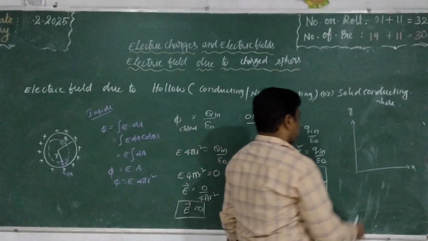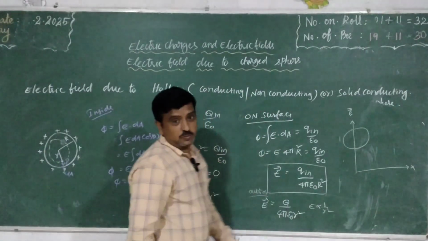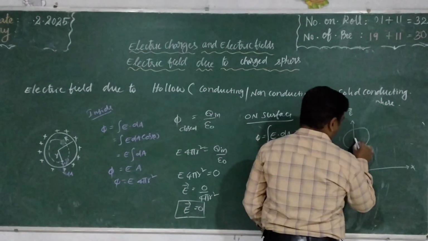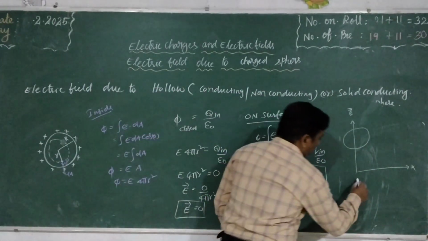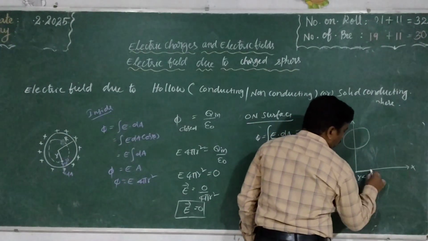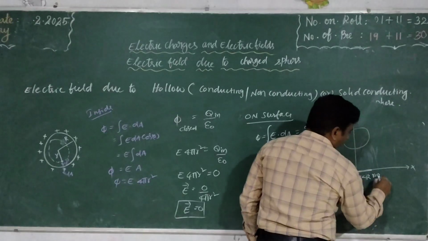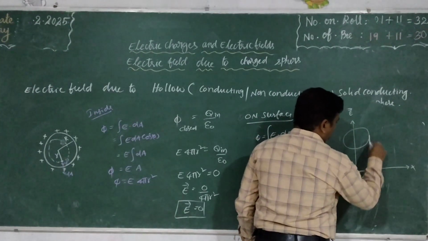This is the solid conducting sphere or hollow conducting or non-conducting sphere. Inside the sphere, at distances less than capital R, the electric field is 0. At r equal to capital R, it is maximum.